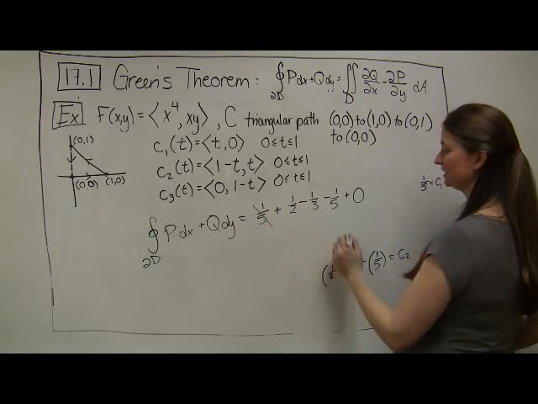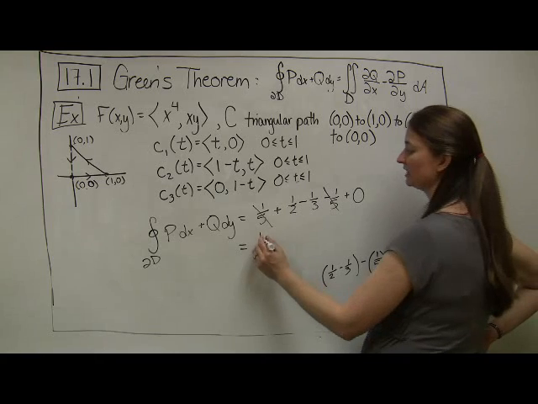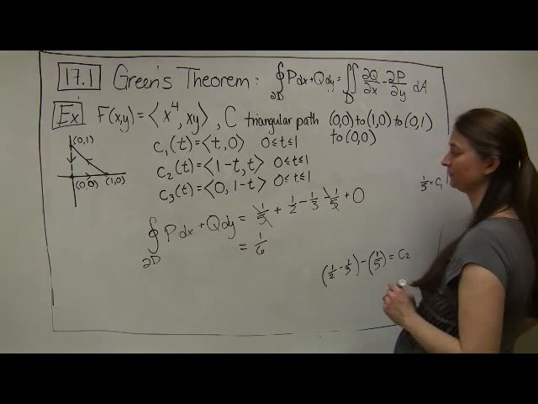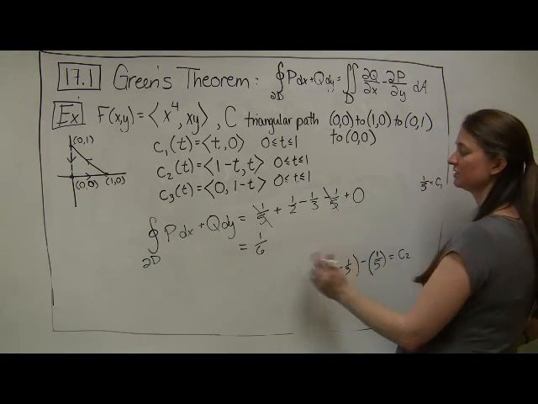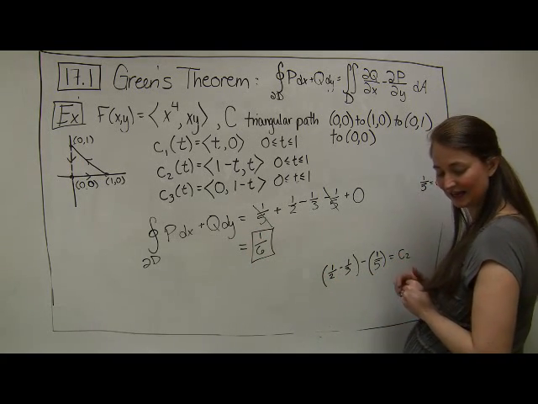And we see the 1/5 cancels with this 1/5, and we end up with 1/2 minus 1/3, which I think is a sixth, which is 3/6 minus 2/6. Yep, it's a sixth. Hooray!